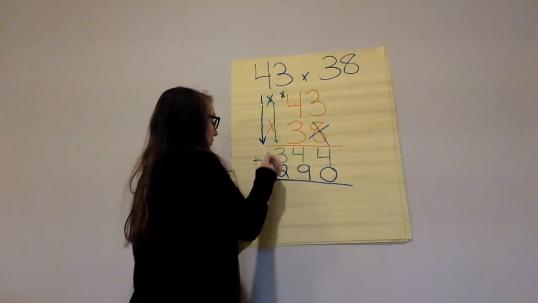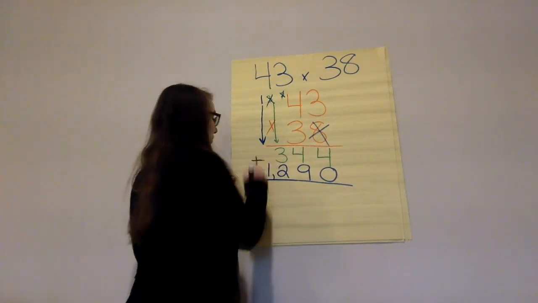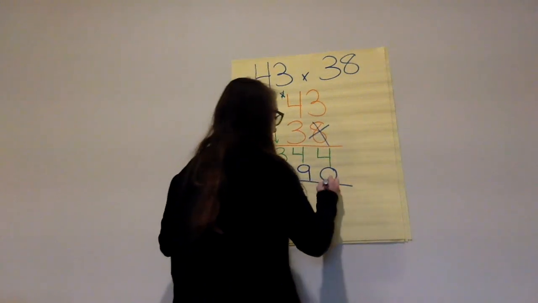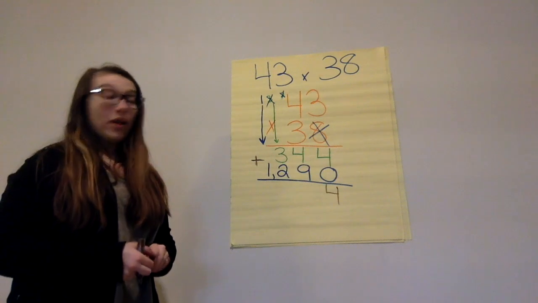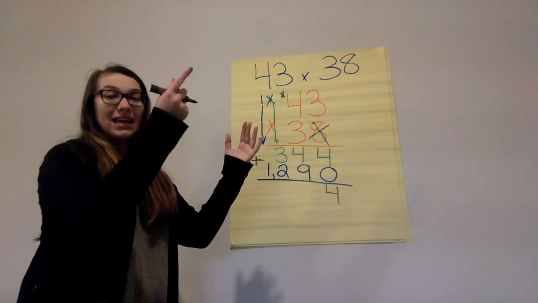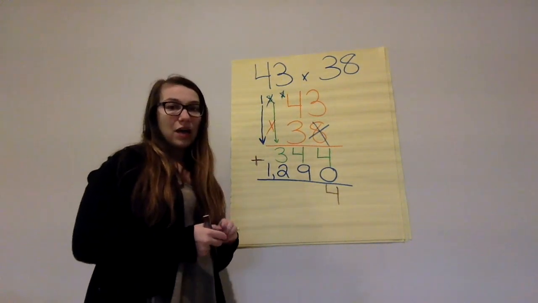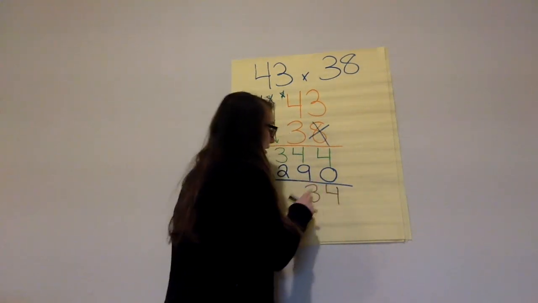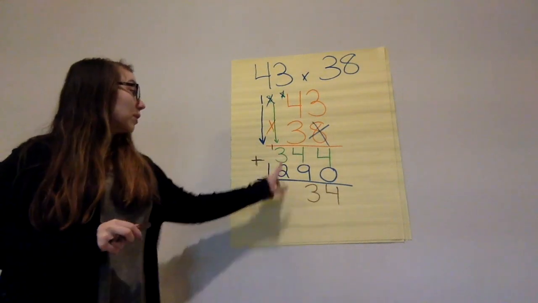So we have, that marker is about done. Much better. All right, so we have 4 plus 0, which gives us 4. We have 4 plus 9. Well, 4, 5, 6, 7, 8, 9, 10, 11, 12, 13. Ooh, can't put 13 down there, can I? So I need to put my 3 and carry my 100.